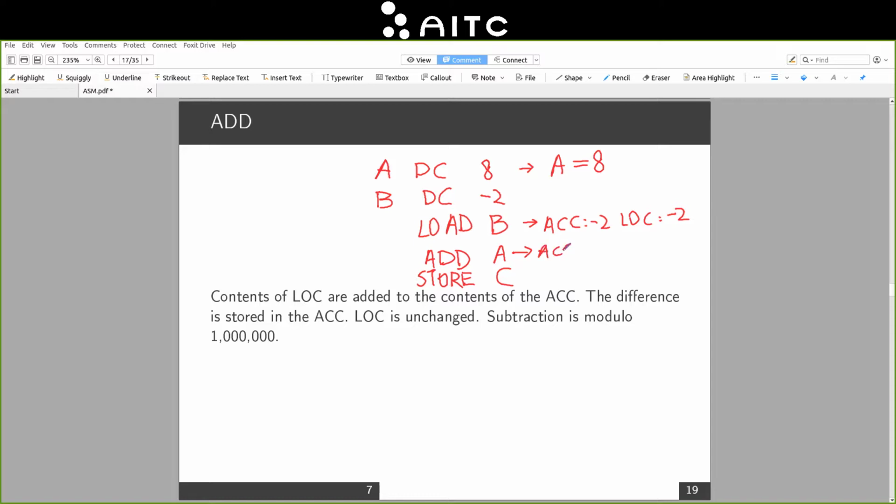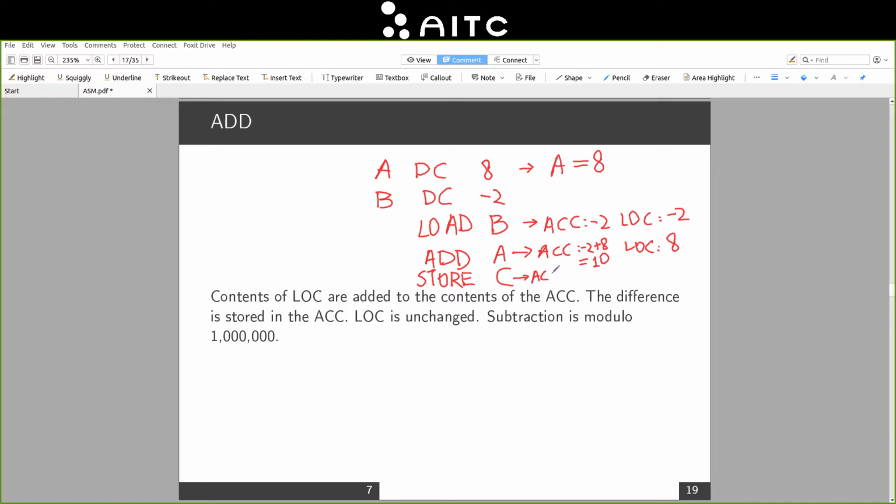The LOC this time is 8 because A is 8, and ACC now is -2 plus 8 equals 6.